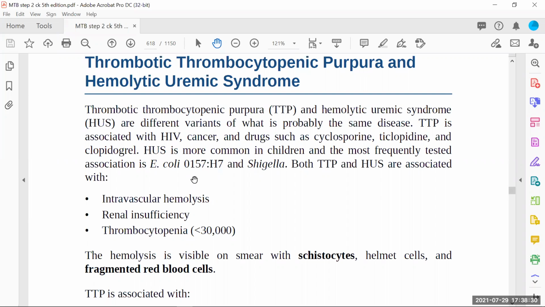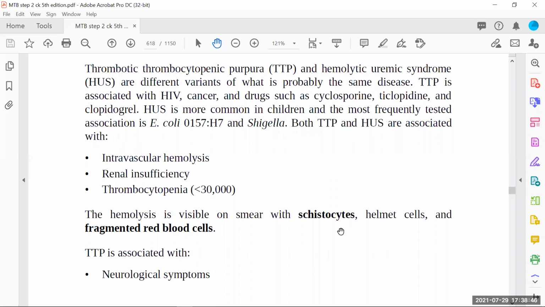After the infection of E. coli, after the infection of Shigella, if there is hemolysis, if there is renal insufficiency, if there is decreased platelet count less than 30,000, always think about hemolytic uremic syndrome or TTP. Now, the hemolysis is visible on smear with schistocytes. Whenever we say hemolysis, on microscopic picture you will see schistocytes.